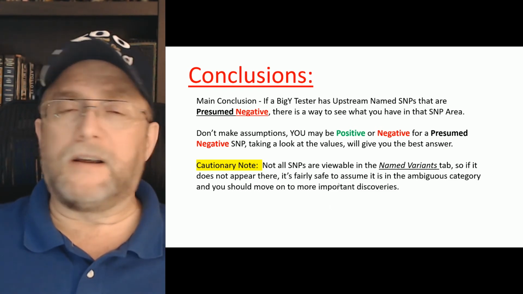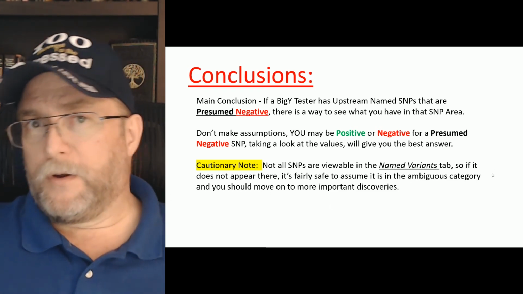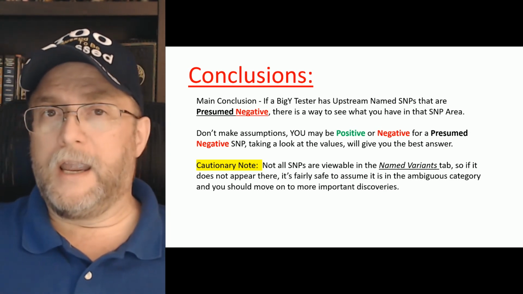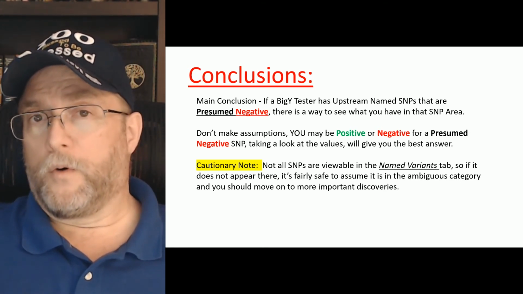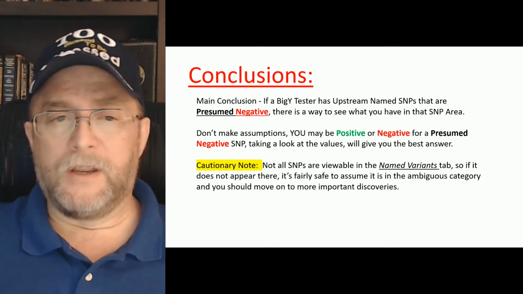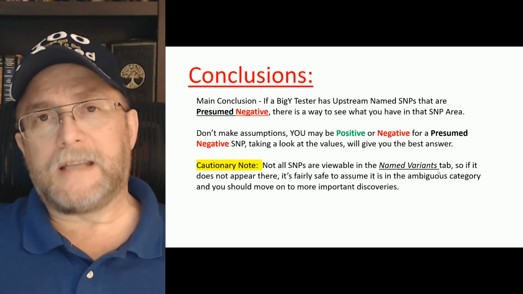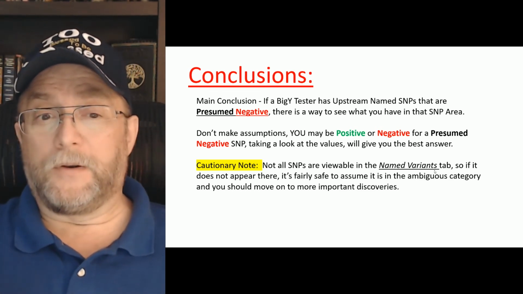And a cautionary statement: a couple of those SNPs I was using for the examples, just to show how to do it, are not showing on the BigY tree. Not all SNPs are visible in the named variants tab. So I saw those, but they're not on the tree.